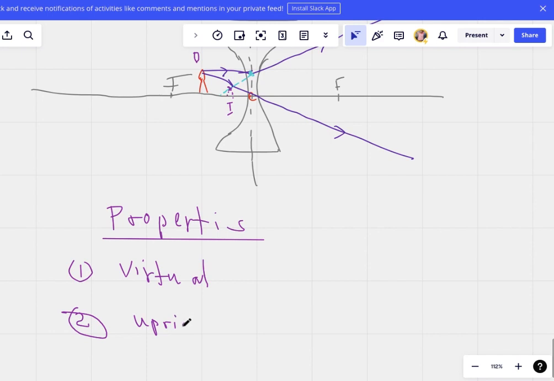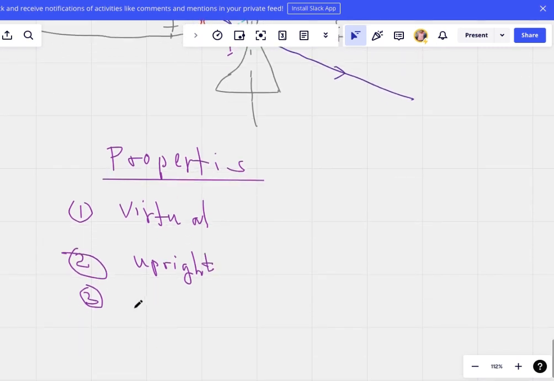The image is upright. The third one is that it's diminished. If you look at the image, it is smaller than the object. So we say the image is diminished.